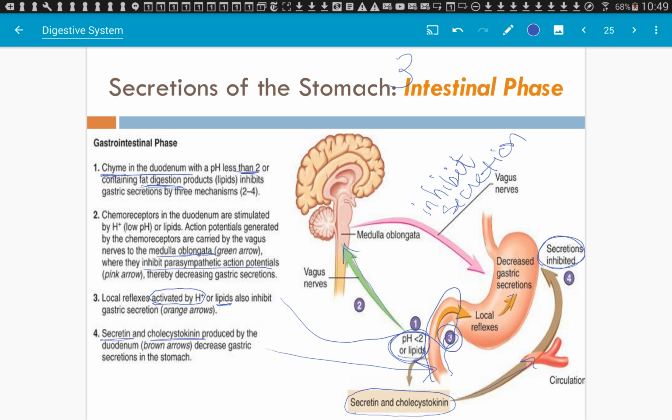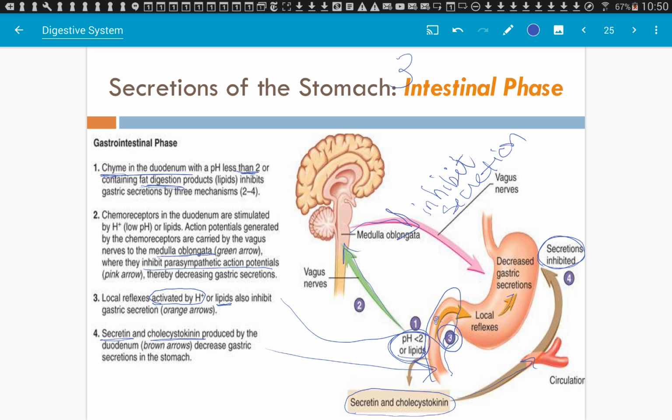So you have 3 mechanisms that are inhibiting gastric secretions. First of all, you have a signal sent to the medulla oblongata if the pH is too low. That sends a signal to decrease gastric secretions. Okay, so that's the signal sent back out by the medulla oblongata. Then we also have the duodenum. We have local reflexes that are triggered by chemoreceptors in the duodenum to decrease secretions in the stomach.